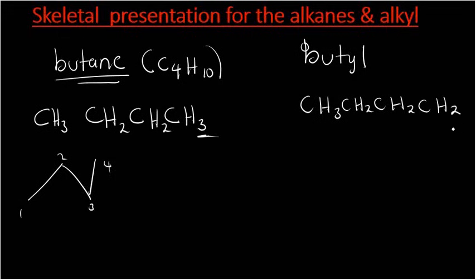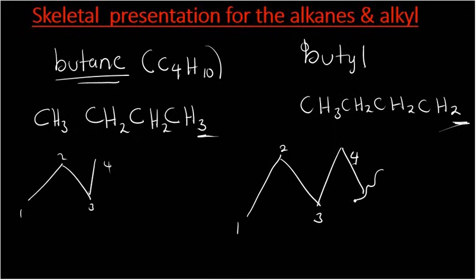We have removed one hydrogen, which is this side. After removing one hydrogen, then for you to write the skeletal structure now, you write all of them 4. 1, 2, 3, 4. Now, for me to write the butyl, to show that I've removed one hydrogen, what I'll do is that I'll put it down here, then I'll put something like that.